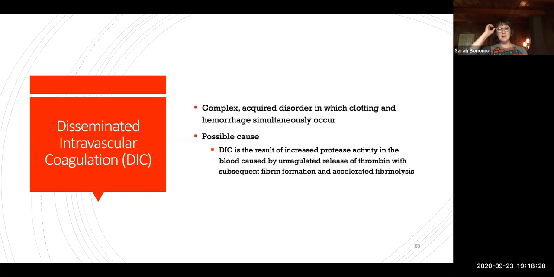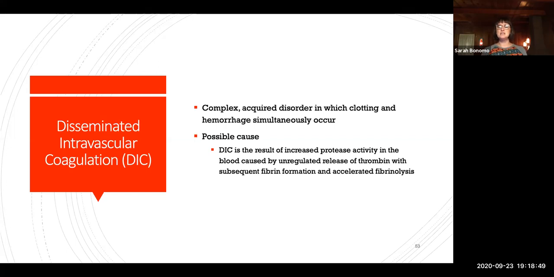And then this is not going to be on your exam, but I wanted to introduce you to DIC, or disseminated intravascular coagulation. I'm just going to let you read through this, and we can definitely talk about it in more detail if it interests you.